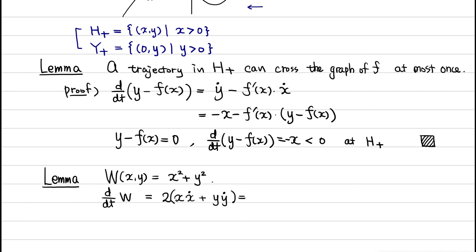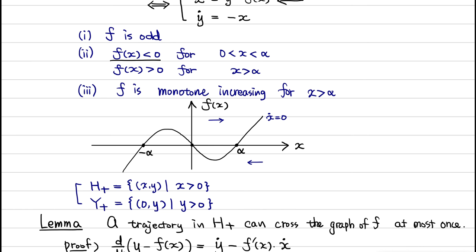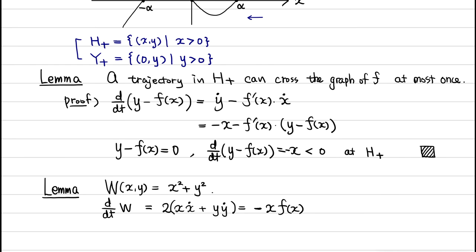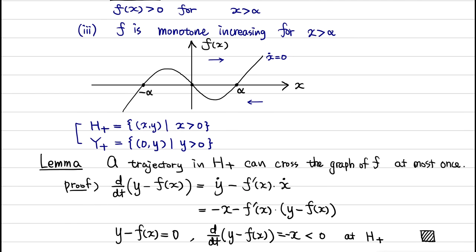Again, using the equations of motion, we obtain this: minus x times f of x, which, according to condition number 2, is positive near the origin, because of this minus sign, actually from minus alpha to alpha.